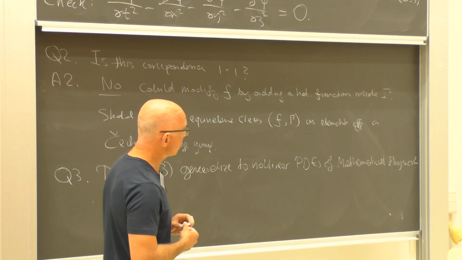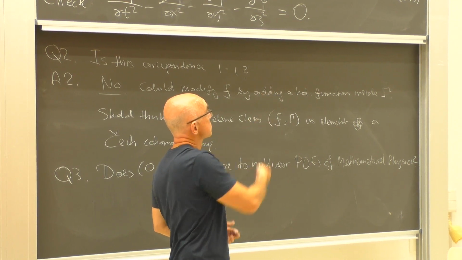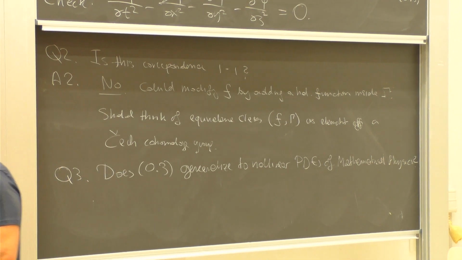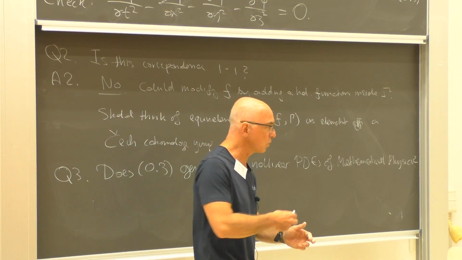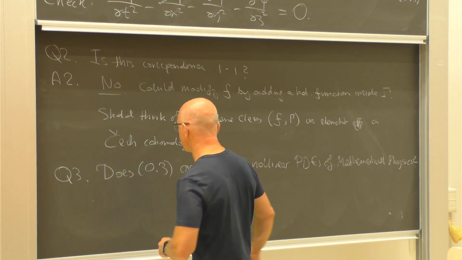But there are constructions like 0.3 which provide in principle all solutions to a subclass of Einstein's equations called self-dual Einstein equations, and the solutions to those are gravitational instantons, which I'll be telling you about. But the downside is that these gravitational instantons do not exist in Lorentzian signature, and I'll explain why that is.